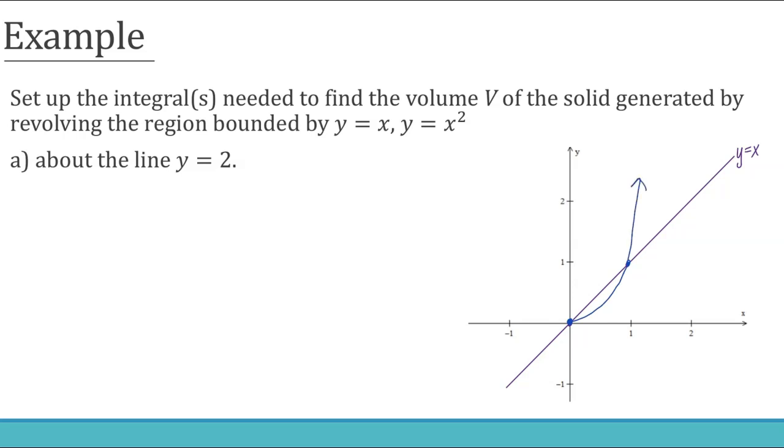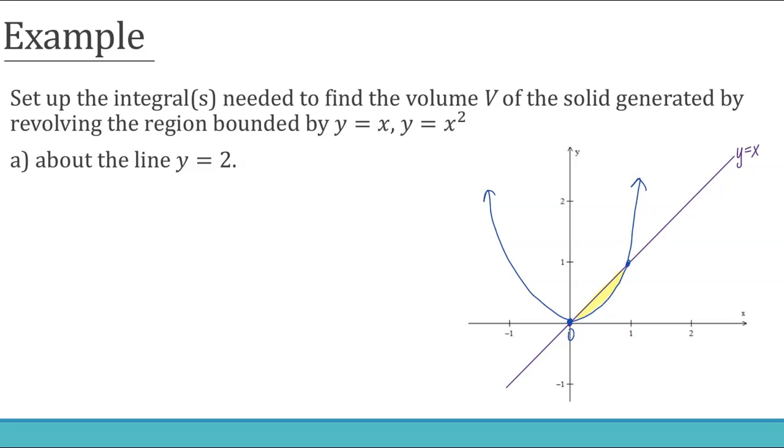It does continue to the other side, but we want the region bounded between these two functions, which is just this little sliver here that's in quadrant 1. And we can see that these intersect at 0, the origin, and at x value 1. So by drawing a detailed graph, we found those points of intersection.